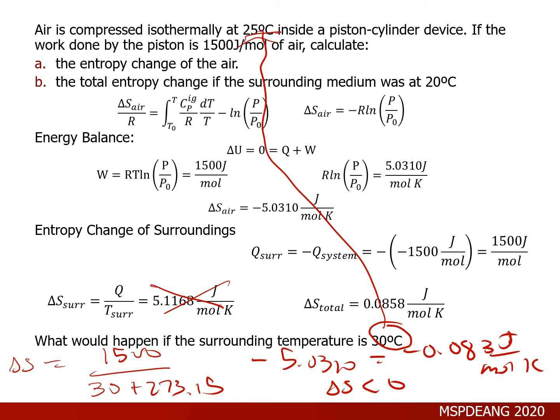Pero nangyari dito, for you to maintain the piston cylinder air at 25 degrees Celsius, you have to reject the energy to the surroundings. But you cannot physically reject that to surroundings that is higher than the temperature that you want it to maintain. Okay, so hindi pwede mag-flow yung heat from 25 to 30. Ito yung gusto mo mangyari pag ganito yung process, kaya nagiging negative yung total delta S natin.